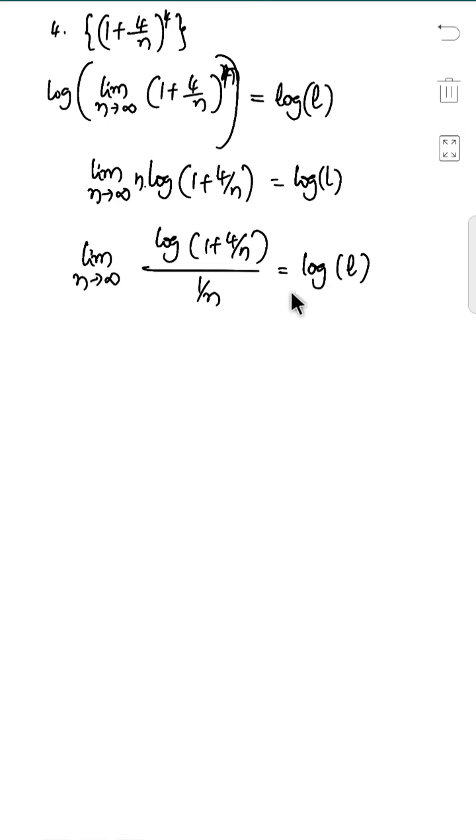So what do you get if you use L'Hospital's rule? If you differentiate the logarithm, log x differentiation is 1 by x, into, you need to differentiate what is within the logarithm. That 1 differentiation is 0. For the 4 by n, differentiation is minus 4 by n square.